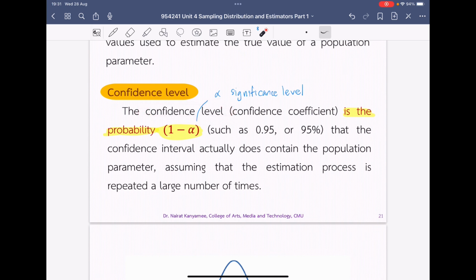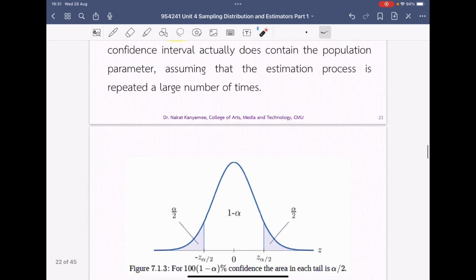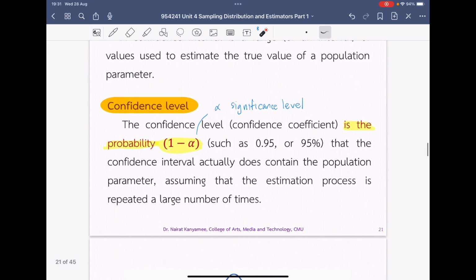In order to find the interval estimate of the population parameter, you need to give a confidence level as well. They come together as a pack. Of course, it is a probability, so it has to be between 0 and 1.